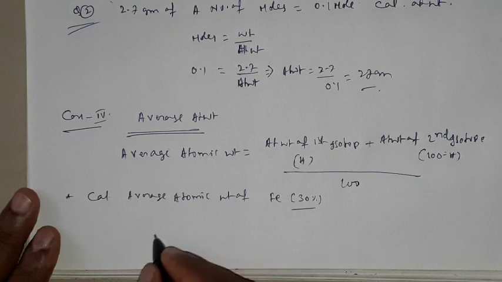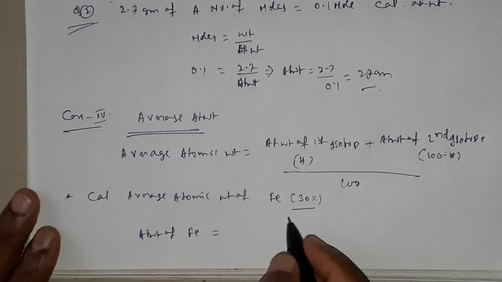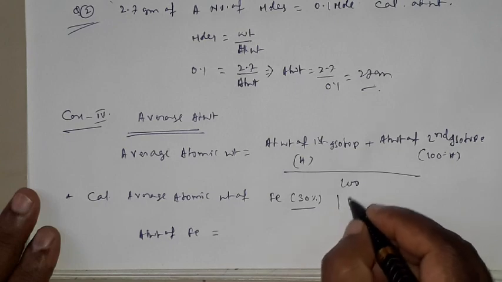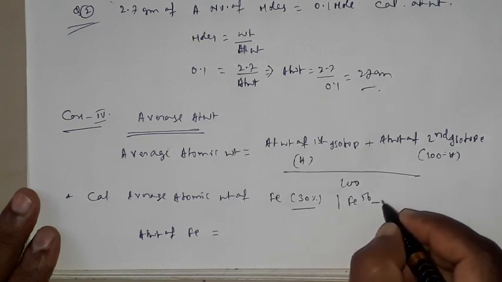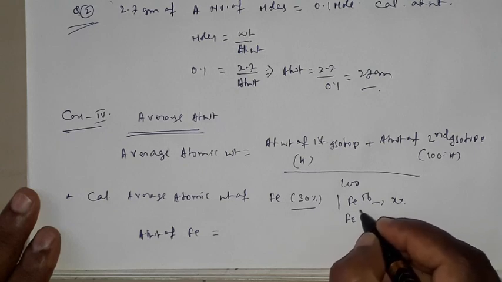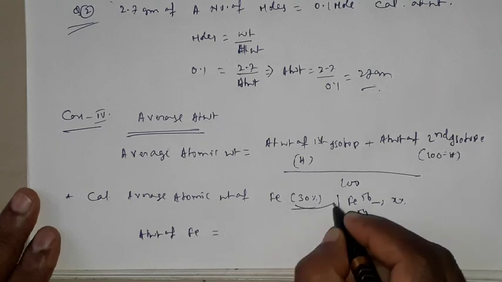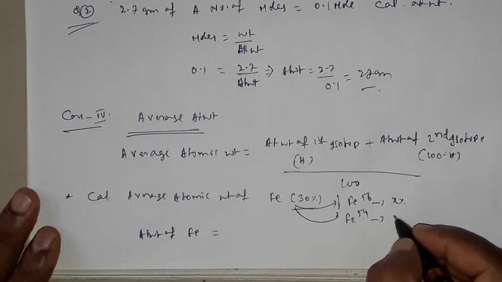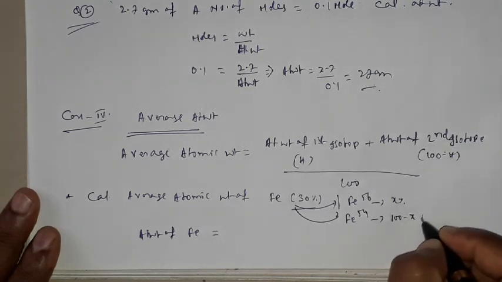Suppose Fe56 is X% and Fe54 is 100 minus X%.